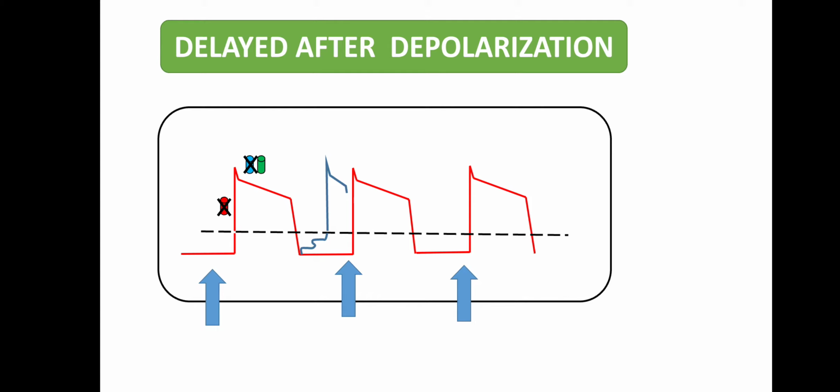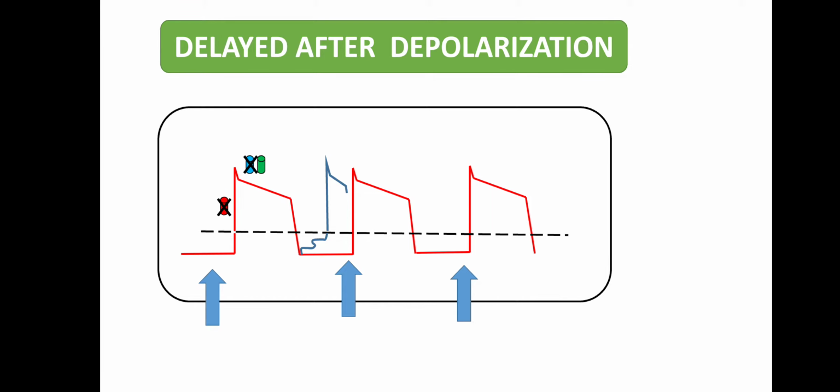At this stage you can understand the difference between early afterdepolarization and delayed afterdepolarization. In early afterdepolarization, the repolarization was incomplete, but in delayed afterdepolarization, the repolarization stage has been completed. Now, the main reason behind this fluctuating resting membrane potential is that the cell is overloaded with cations, cations like sodium ions, calcium ions, or potassium ions.